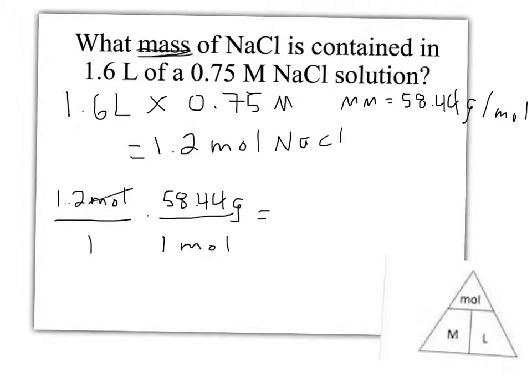So moles cancels with moles. 1.2 times 58.44 equals 70.13 grams. There we go. And now we found the mass of sodium chloride contained in that solution.